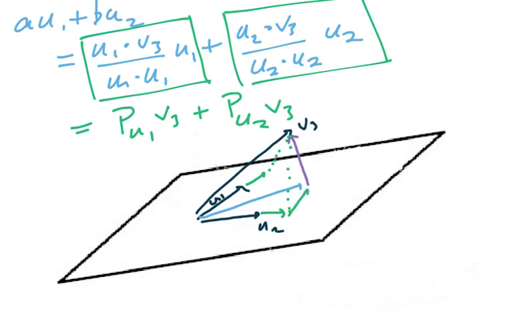We would have this instead, and so this would be, if I draw this green vector here, the projection onto U2 of V3, and this green vector just sort of moved down the line a little bit.